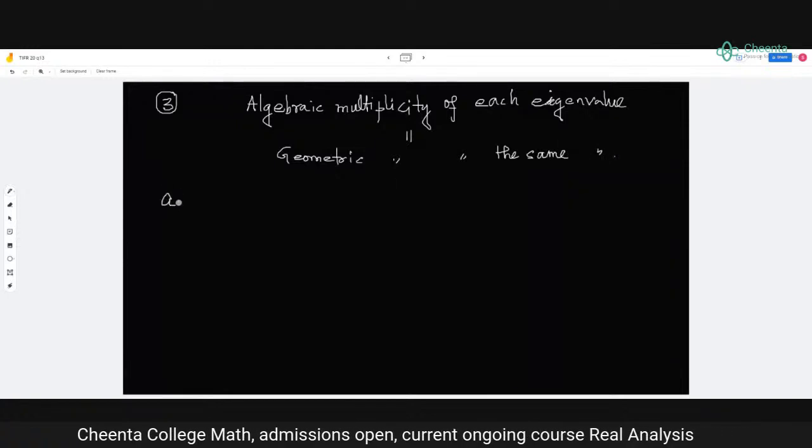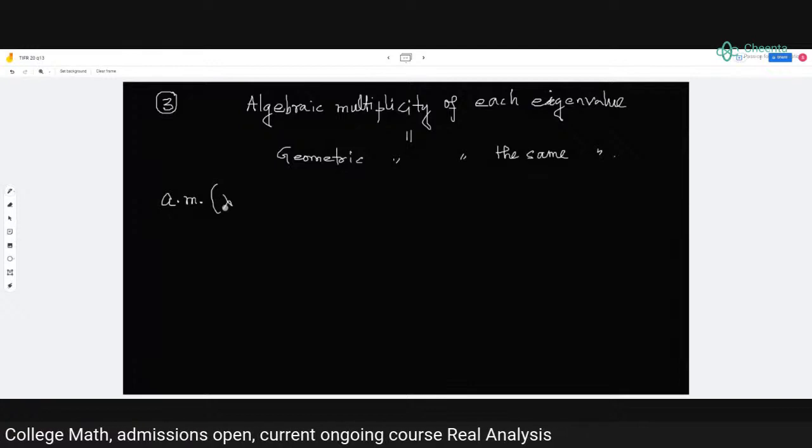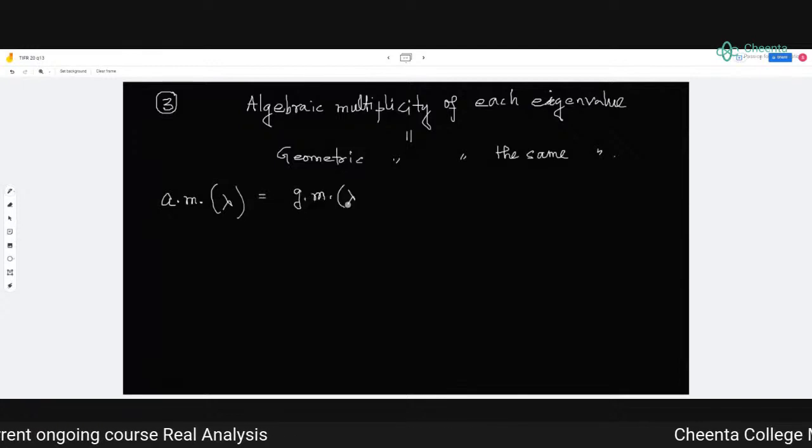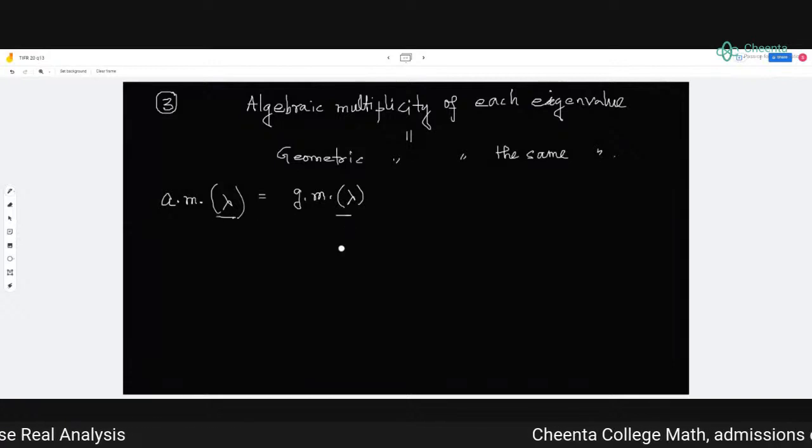We will write it like this: Am of lambda has to be equal to Gm of lambda for each fixed lambda. So what is the geometric multiplicity?